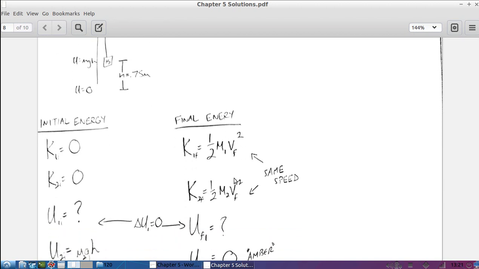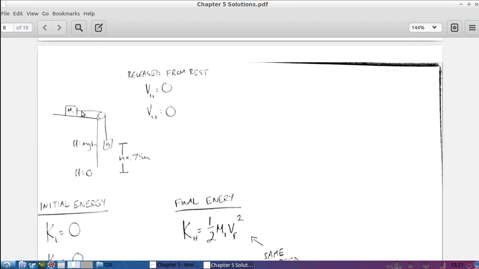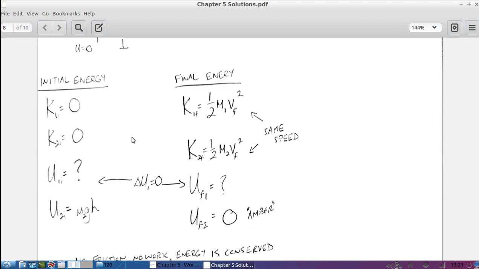What happened to M1's potential? It's still up here, right? It's still up on the ledge, still up on the surface, okay? But even though I don't know what the potential is there, it didn't change. So earlier I said I'm not always concerned with the individual gravitational potential of an object at different locations. I'm concerned with how it changes.